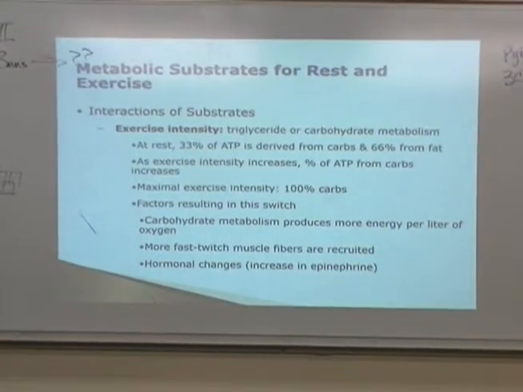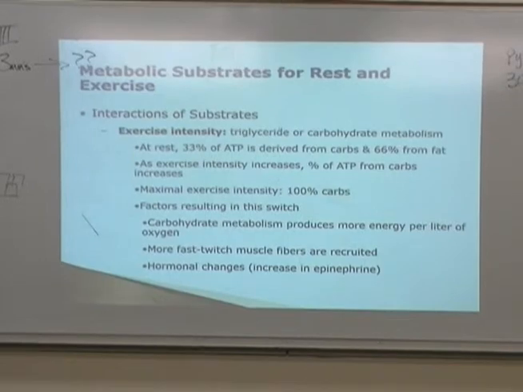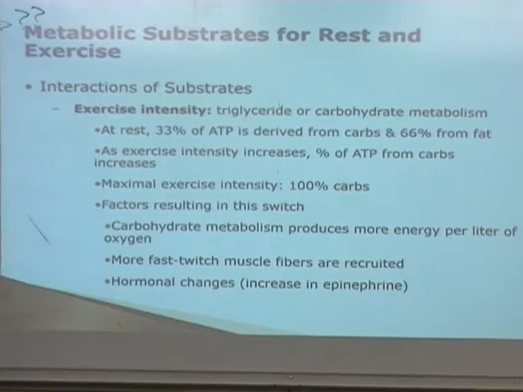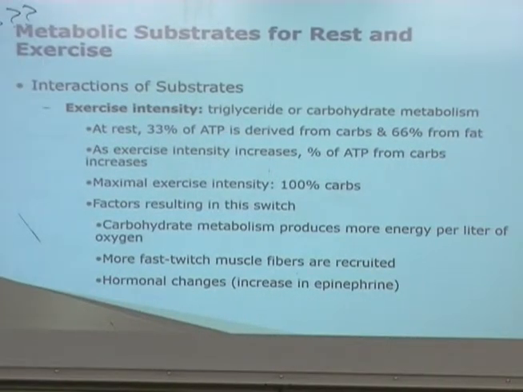So, how hard I'm working is a crucial key. The technical term for how hard I'm working is intensity. Pay attention, because intensity is one of the things you have to be talking about in your projects. So you want to make sure that you have a good feel for the idea of intensity. So, if we ignore protein completely, because it makes the picture easier, we'll stick with carbohydrate or fat as an energy source.